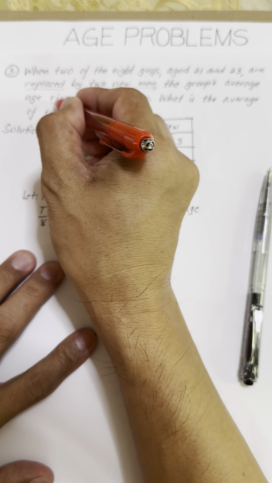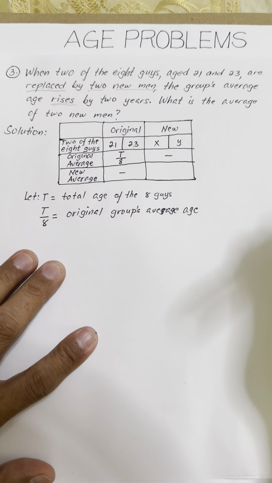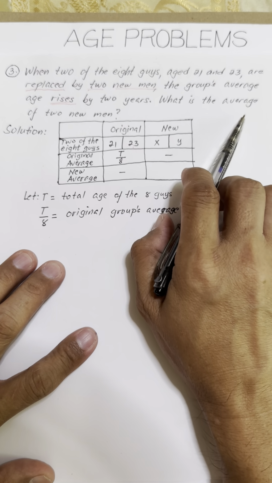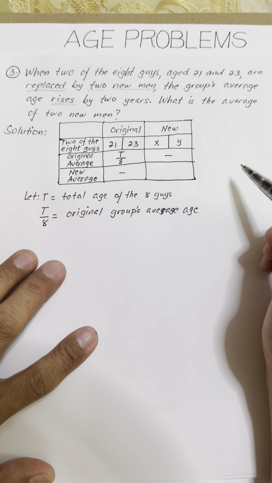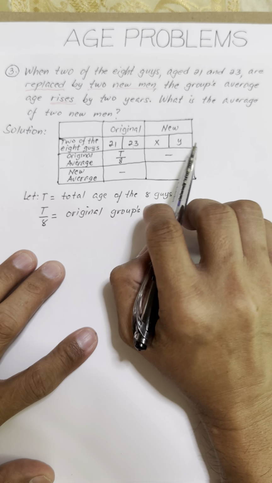The word rises means plus, but we will take care of that later. The question is, what is the average of the 2 new men? The ages of the 2 new men are x and y.